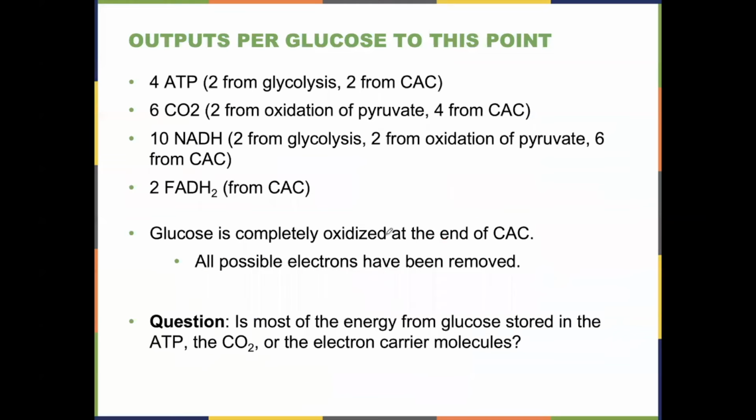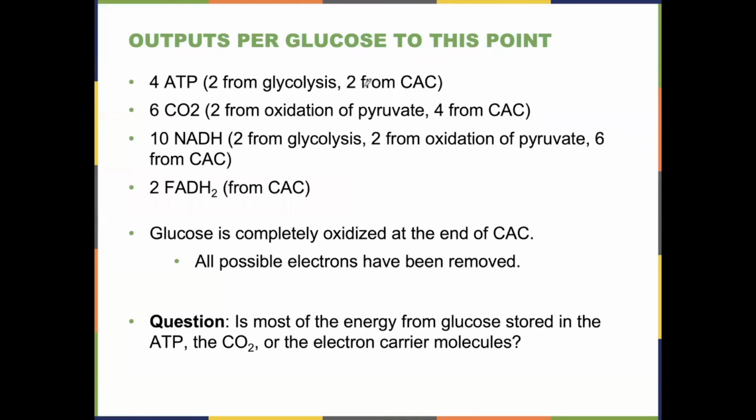Now, one of the things that you want to keep track of and consider in this chapter is the numbers of things. So if you think about what we have made so far in this process, we've actually made 4 ATP, 2 from glycolysis, or a net of 2 from glycolysis after we take out what we had to invest to get it started.